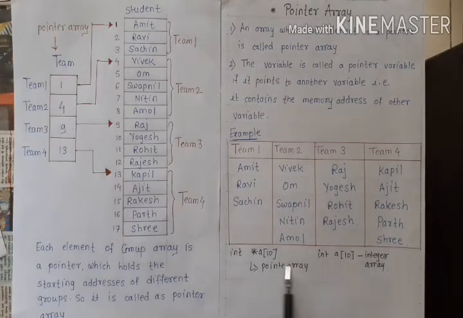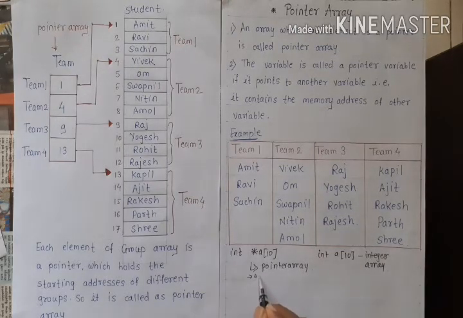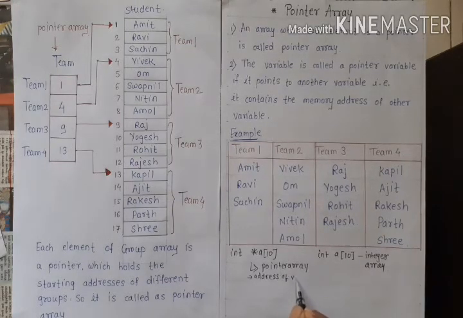What is the difference between this star pointer array and the integer, normal array? In a normal array we store 10 numbers. Here also we store 10 numbers, but it also indicates the address of that variable. Remember, it also indicates the address of a variable.